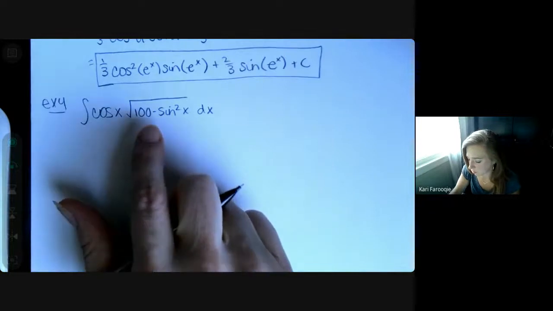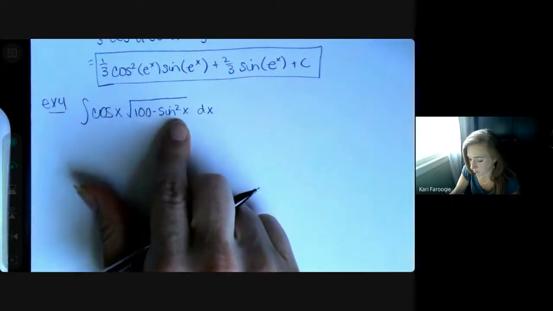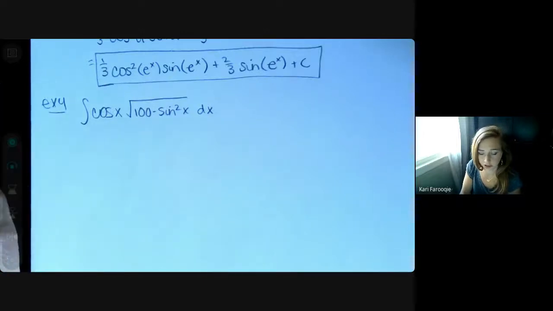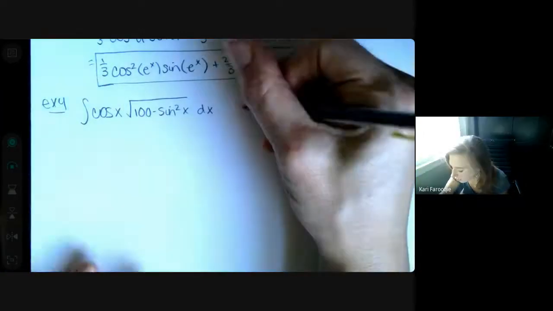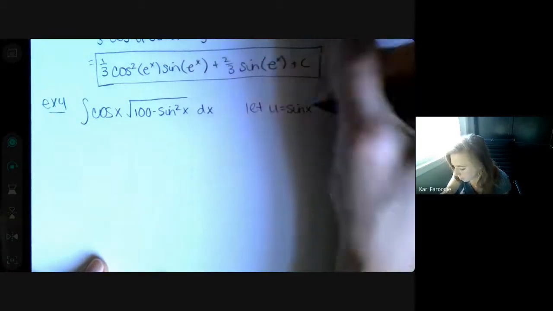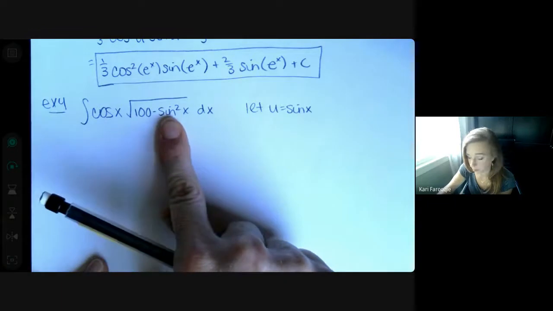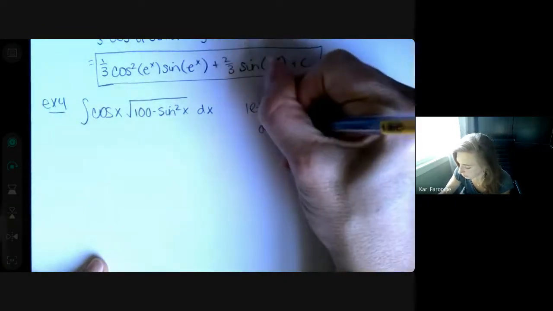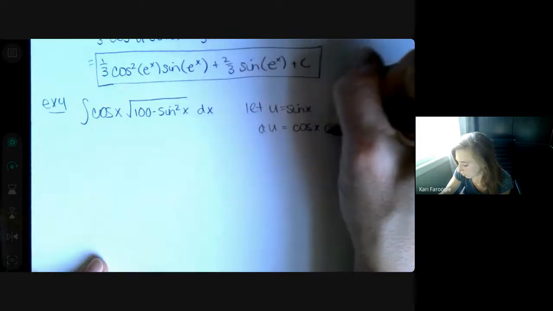We should be going for something like a squared minus u squared. In your table, that's going to look more like a squared minus x squared. But imagine if we let u be sine x and thought about this as being u squared. Then du is equal to cos x dx.